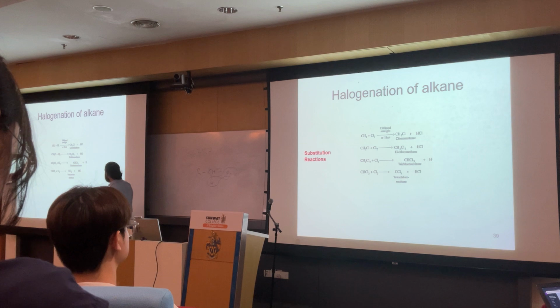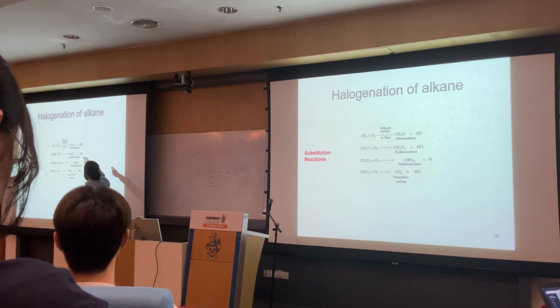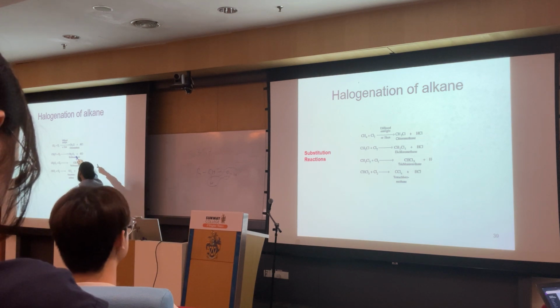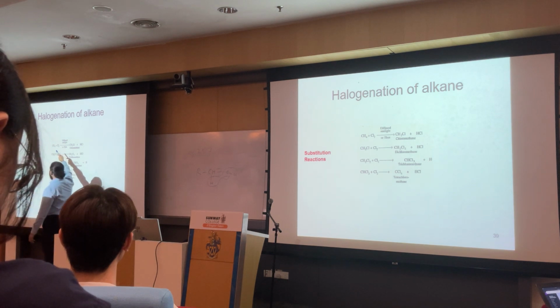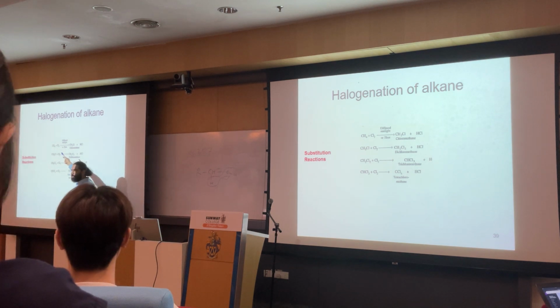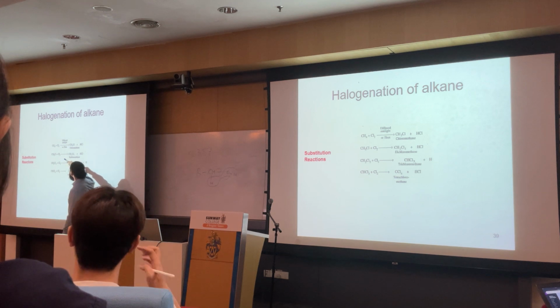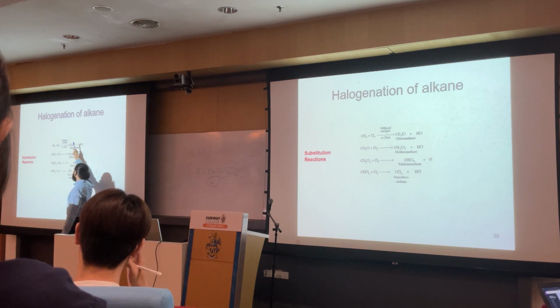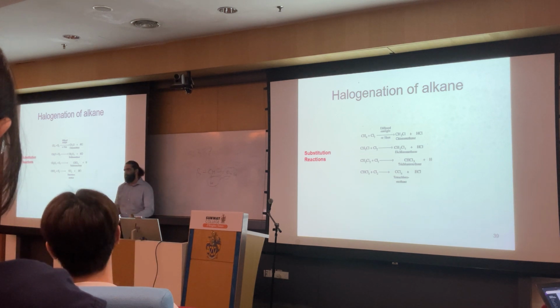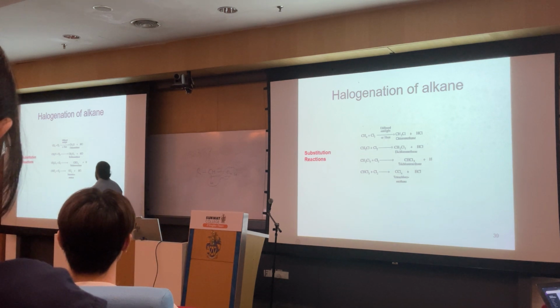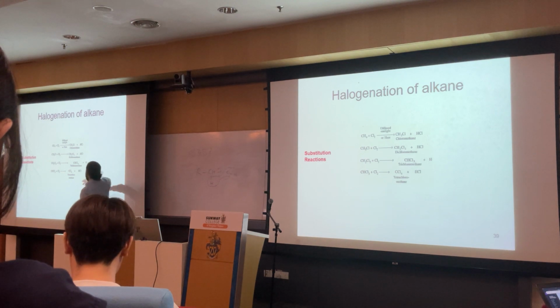What happens here in the case of an alkane is that if you react a simple alkane, for example methane, with halogens such as chlorine, this reaction can be done in the presence of sunlight or with actual heat, such as a flame.